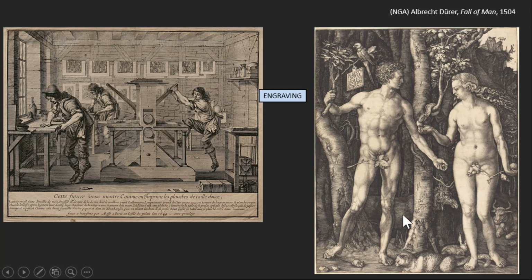And you can print as many of these as you would like, although after a bit of time, the lines tend to gray out. They tend to smooth out and become less sharp and less distinct. And so here we see the plate being inked, the ink being wiped off, and then finally a proof being pulled in this 17th century print of a print shop at work.